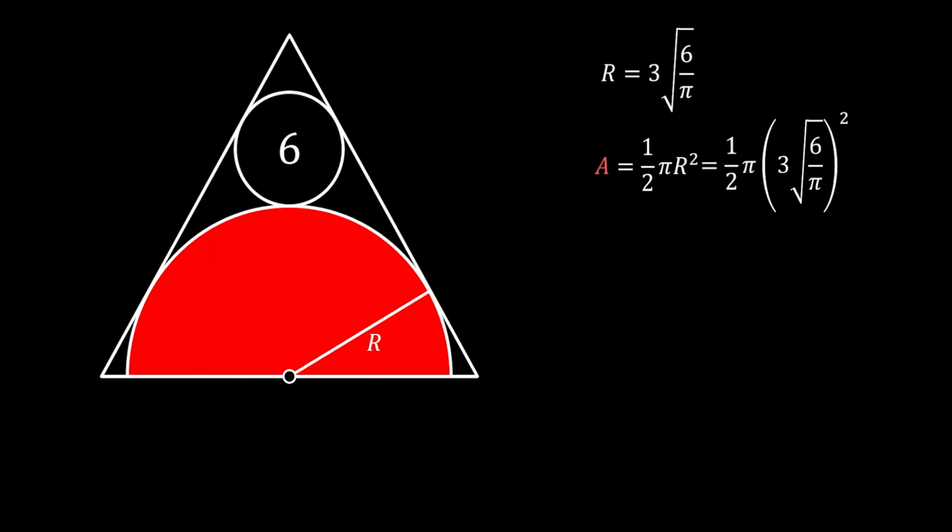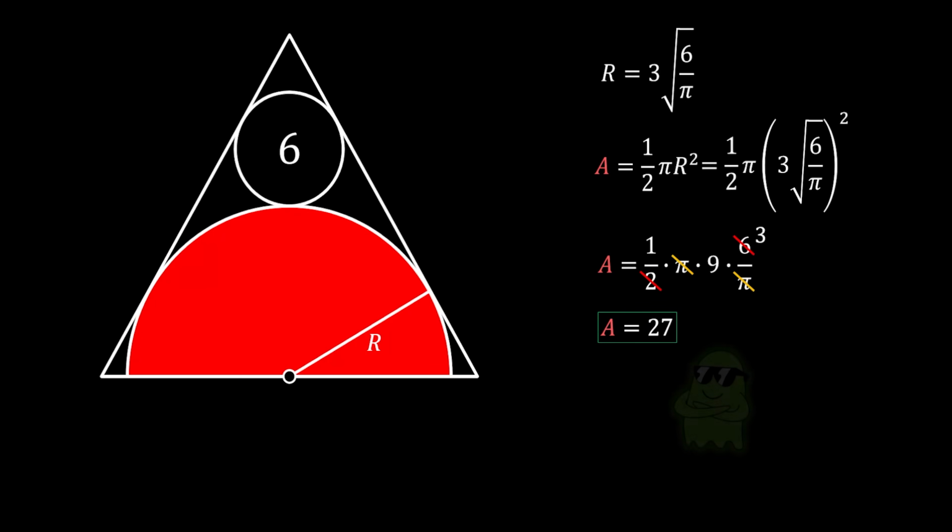This looks terrifying, so we're just going to put our last term in a square and get something like this. From here, we can simplify pi and pi, and we can also simplify 2 and 6 to get 3. And we will get that the final answer, or the area of our red semicircle, if you will, equals 27 square units, and this is our solution.